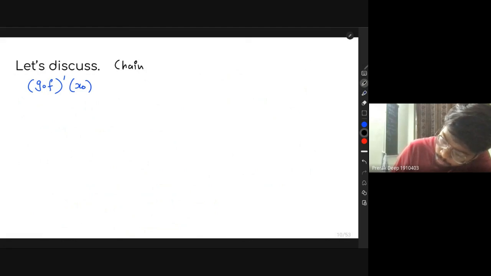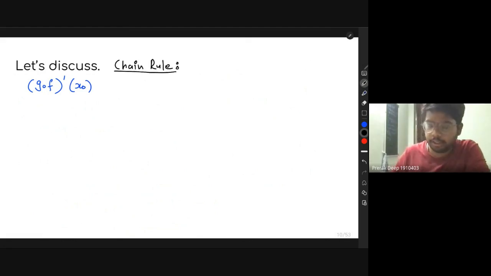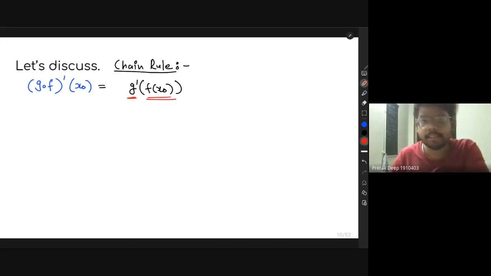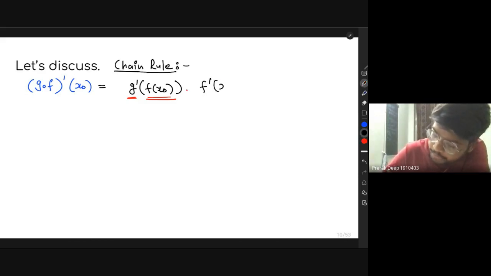I'm not going to give you the proof of this chain rule, but I'm going to use it. So what does it say? This differentiation is going to be equal to the differentiation of g, first, you differentiate g at this point f of x naught, times you then differentiate f at x naught.